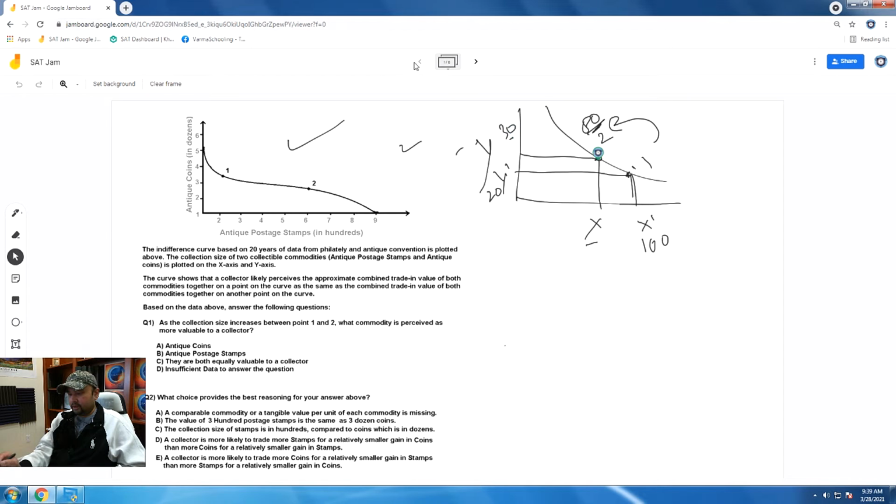So in the days of exchanges where I'm indifferent to 2 points on the graph, I'm indifferent whether I have 100 stamps and 20 coins, it carries the same value for me. I'm just as rich if I had 80 stamps and 30 coins.